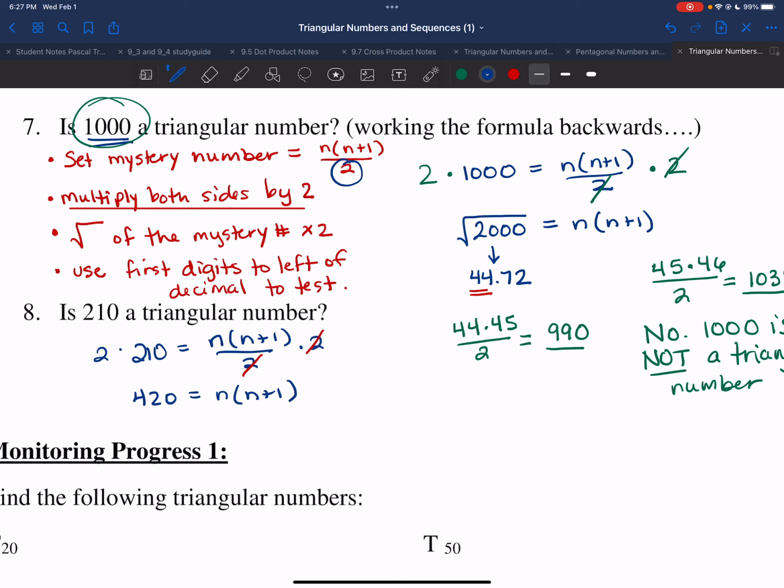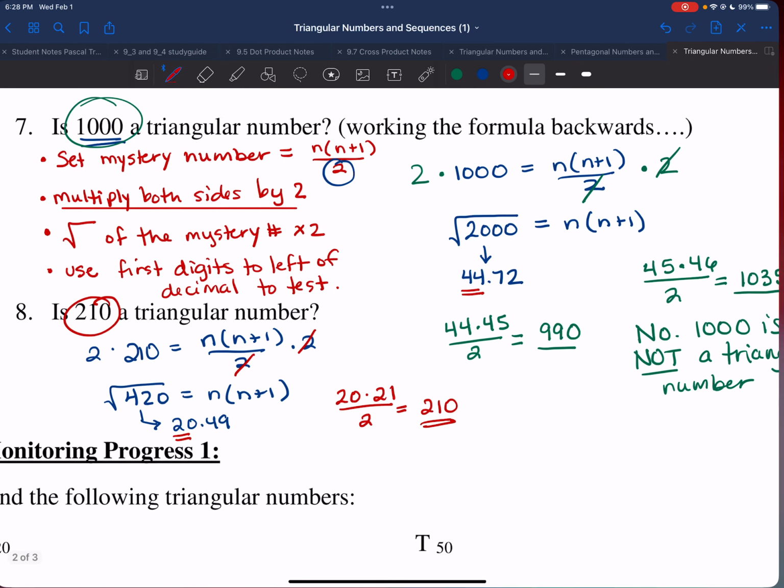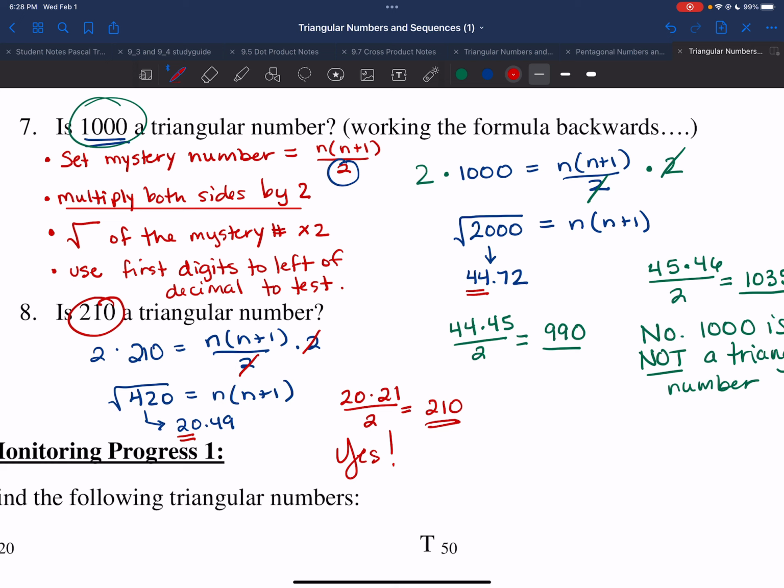I'm going to take the square root of 420, and I end up with a number that is 20.49. So 20 is what I'm going to test. So 20 times 21 over 2 gives me the number of, look at that, 210. Is 210 a triangular number? Yes, it is. Okay, so it's just that simple.